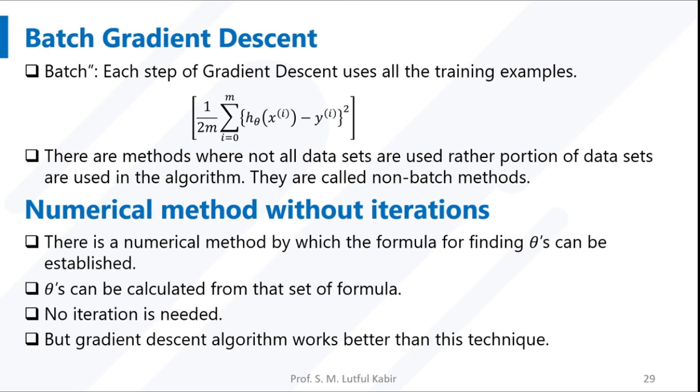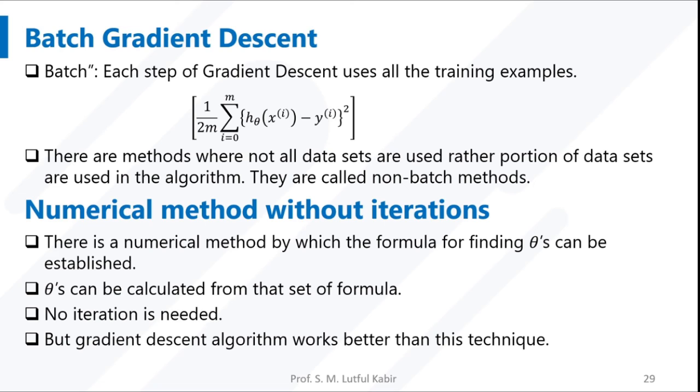Let us discuss the numerical method without iterations. There is a numerical method by which the formula for finding theta 0 can be established. If we follow the least squares method, then the formulas for theta 0 and theta 1 can be found, and the thetas can be calculated from that set of formulas. No iteration is needed there.